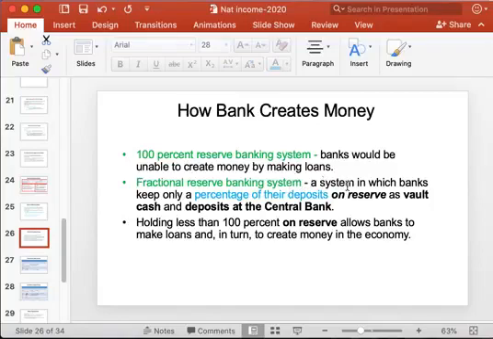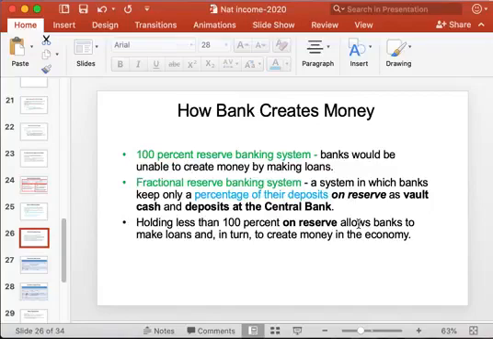So in this case, whatever the deposits are made by the general public in the bank, they only need to keep certain percentage of their deposit on reserve as vault cash and deposits at the central bank, not the whole amount.